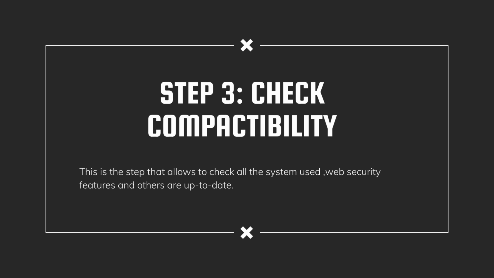And step 3, check compatibility. This is the step that allows us to check that all the system, web security features and others are up to date as well. So basically we are gonna use tools, just like Nexus tool and so on, Wireshark and so on. These tools allow us to check what the vulnerabilities are, right?